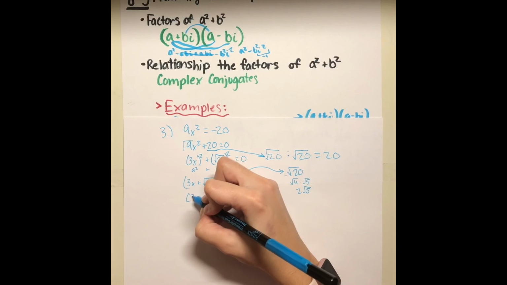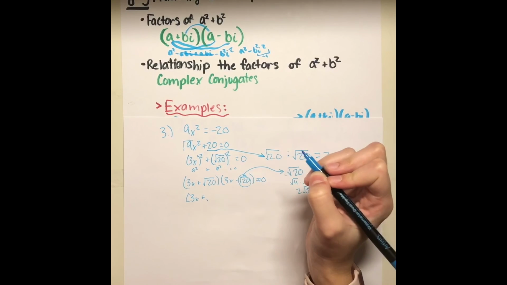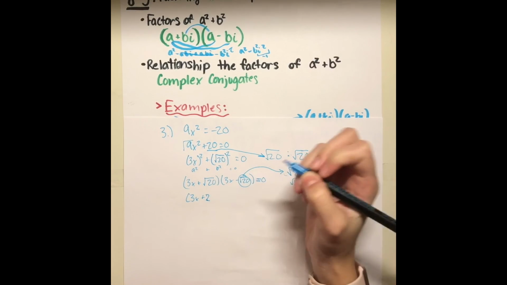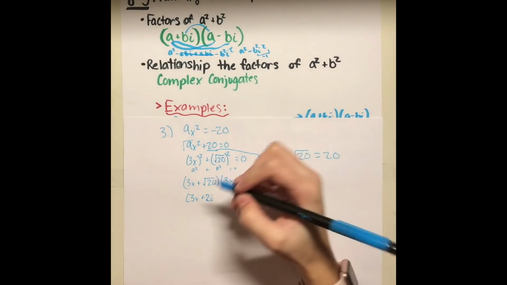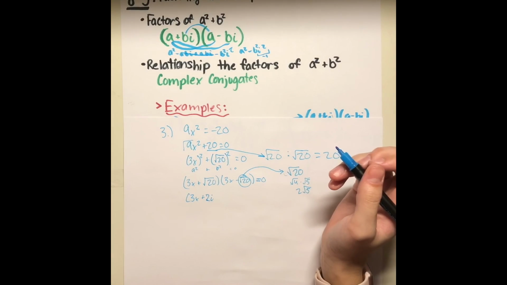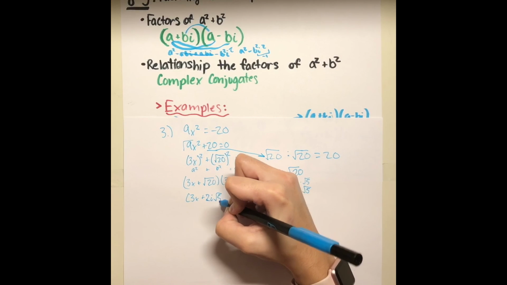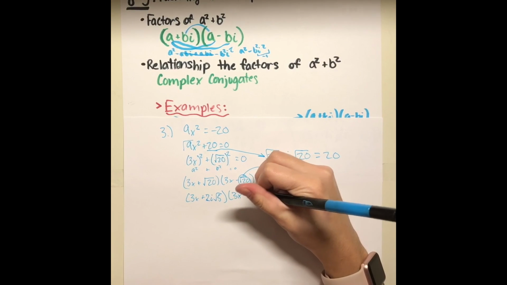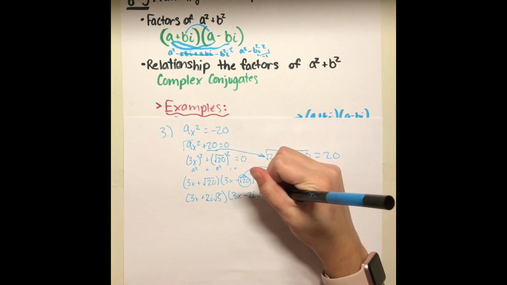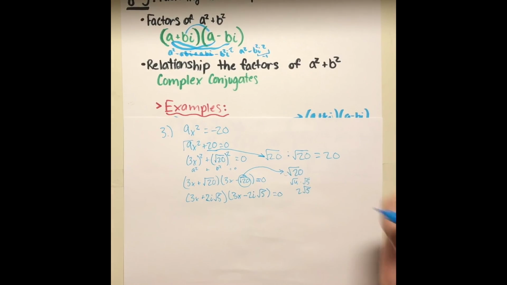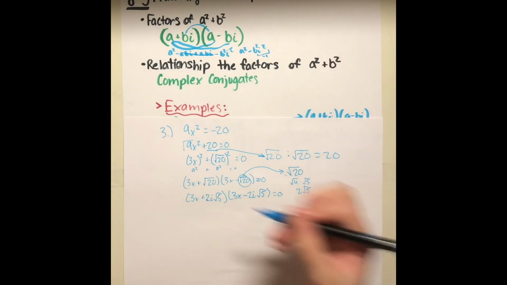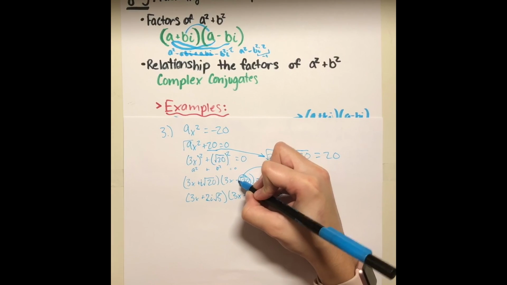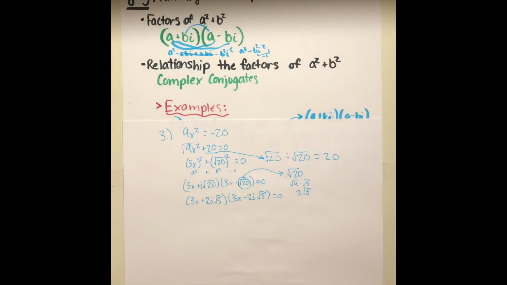So this would be written as 3x plus 2i square root of 5 times 3x minus 2i square root of 5 equals 0. I didn't put the square root of negative 1, the i, right here. Like I said, people forget to do that. Please don't forget to do that. It's really important there.